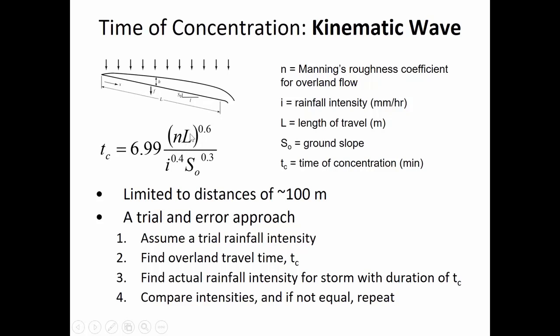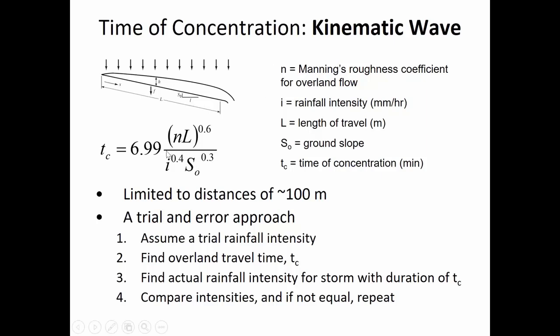So that's what L is. But they're also saying that the roughness of the surface plays a role. And so the N value here is the Manning's roughness coefficient. The rougher the surface is, the more the transit time is going to be. If it's a smooth surface, the water can flow very quickly. If it's a rough surface, that slows it down and increases the time it takes.